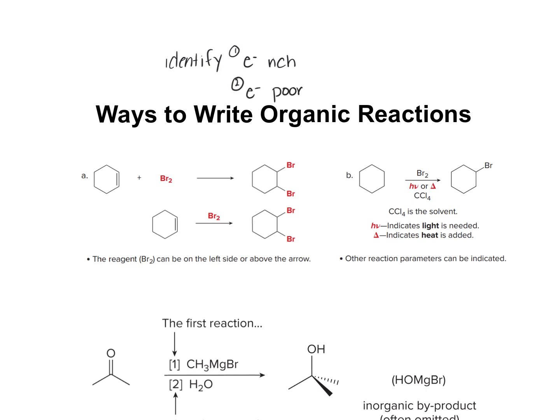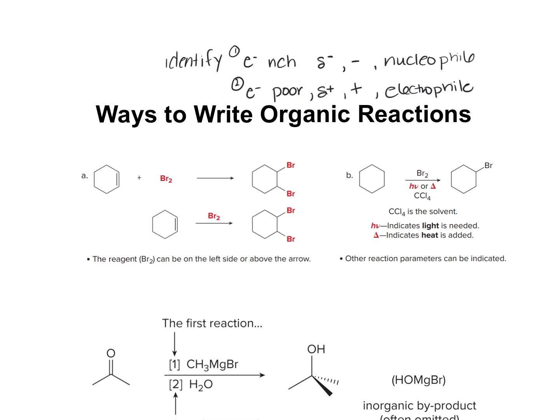Things that are electron rich, like those that are partially negative or have a negative charge, or nucleophiles, are attracted to things that are electron poor, which have a partial positive or a positive charge, or are electrophiles. And you will see this pattern over and over and over again.